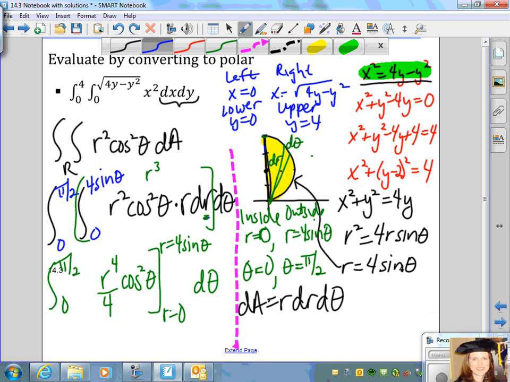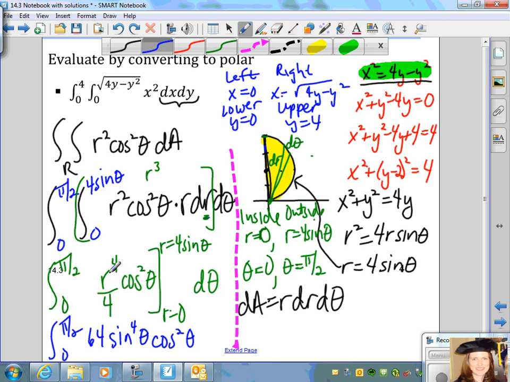When we evaluate the upper bound, replacing r with 4 sine theta, when you take 4 and raise it to the 4th power, and then divide by 4, you get 64. So that's going to be 64 sine to the 4th theta times cosine squared theta.